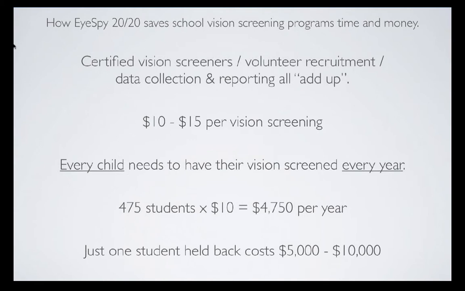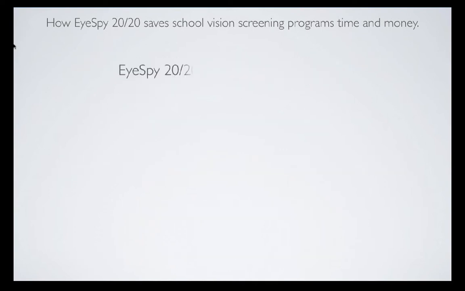If just one child is missed that has a vision problem, and let's just say that child is held back due to an undiagnosed vision disorder, that costs the school between $5,000 and $10,000. It's inordinately expensive to hold children back, and there's also situations like with remedial learning, individualized learning plans, et cetera, all of which you guys are very familiar already.